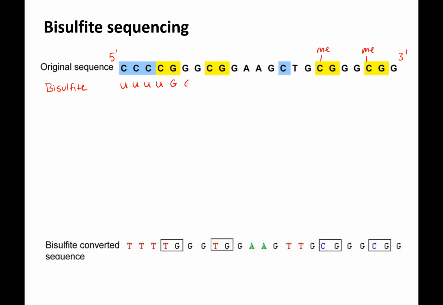So I'm just copying this sequence, but wherever there was a C that was not methylated, it now is going to look like U. It's supposed to be a G. So this is still 5' to 3'. We've just chemically changed this DNA strand.